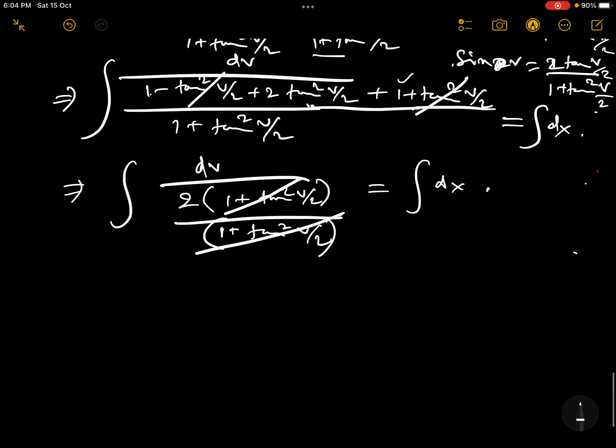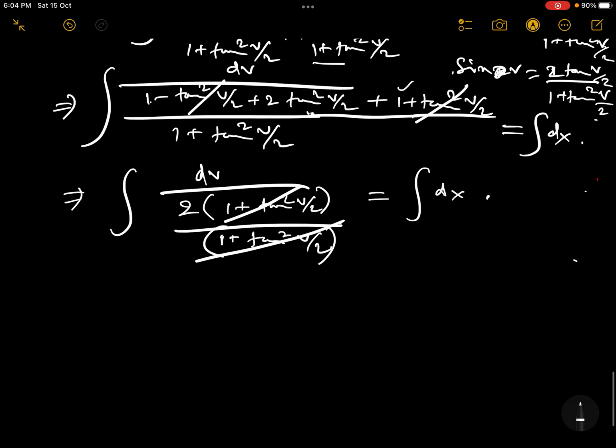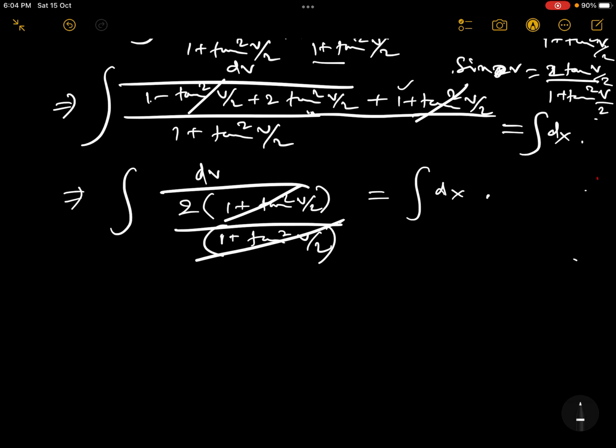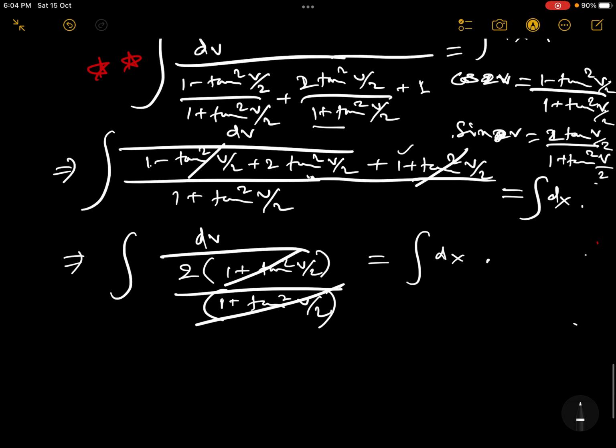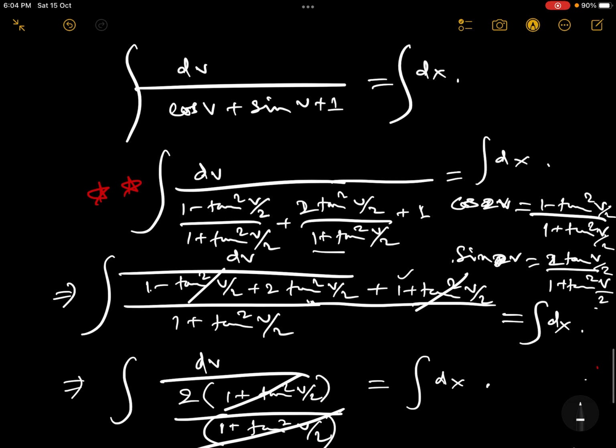If we integrate it, wait, okay, I'm missing out something. Why is everything gone? When I did it in the first place, it wasn't like this. Plus 1, right? This should be 1 plus tan square v by 2. This is 1 minus tan square v by 2.